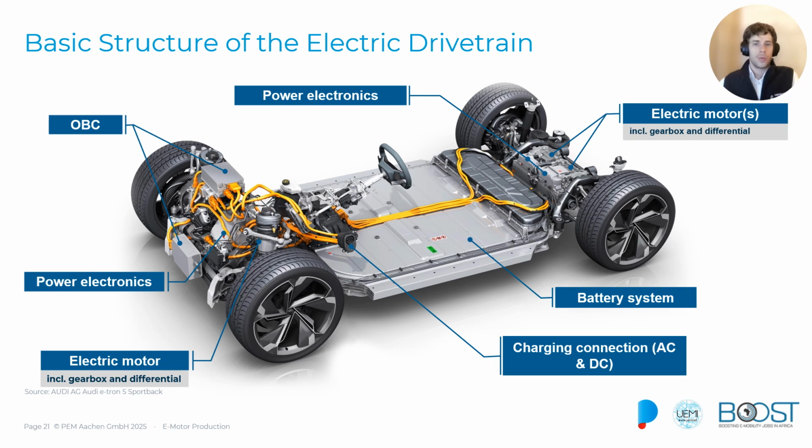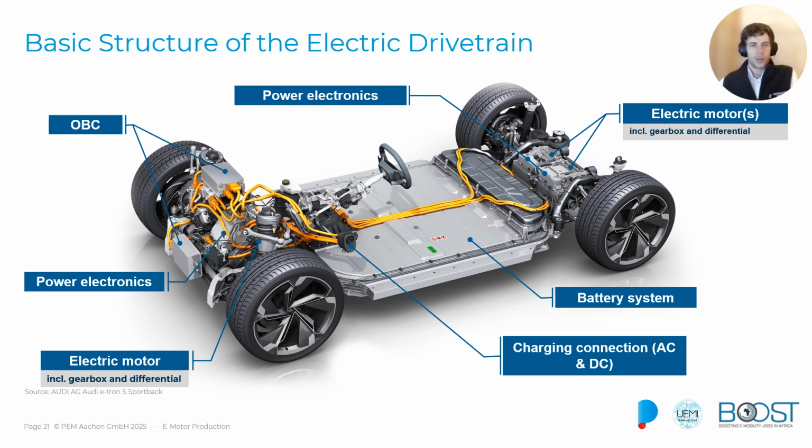A dual motor concept is again not rare in the market. Wherever the motor can be found, it will always come with power electronics to switch the DC out of the battery to our three-phase AC for our stator.